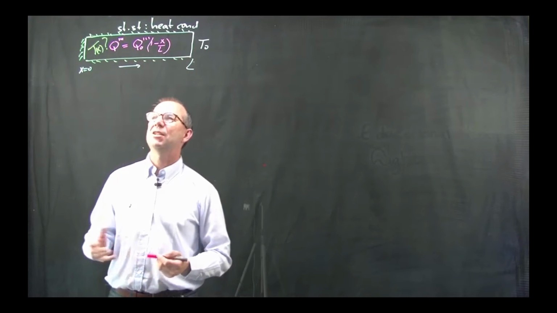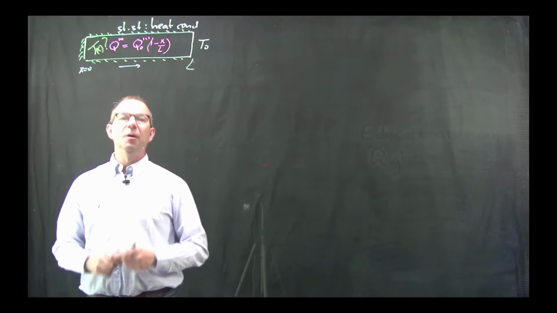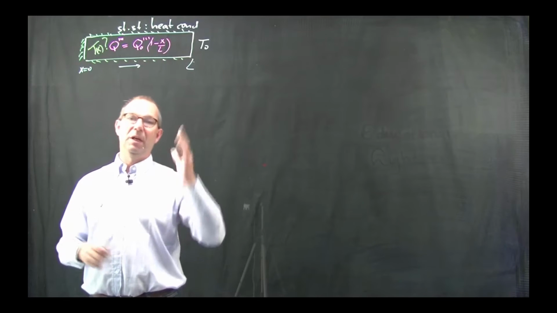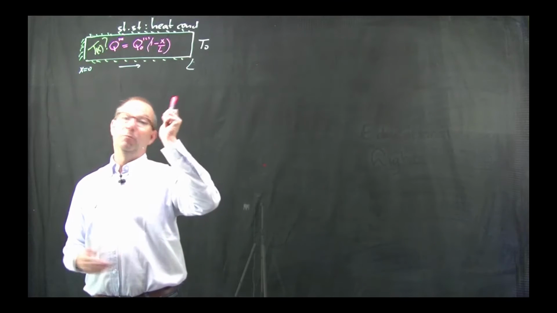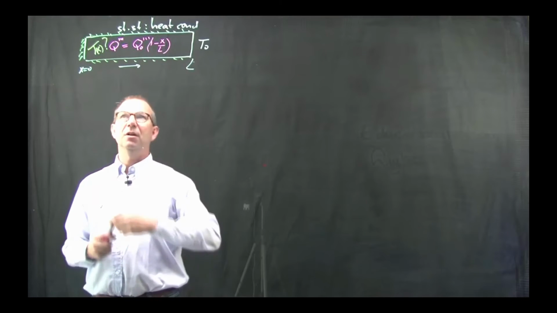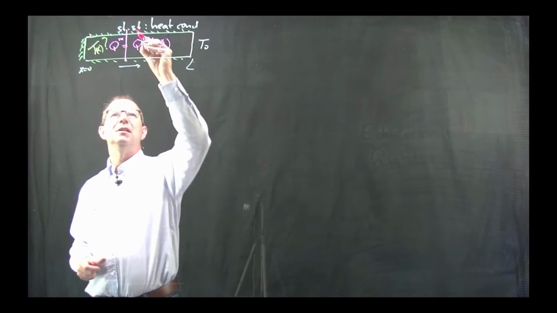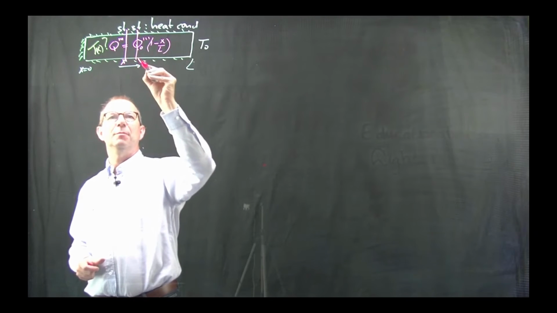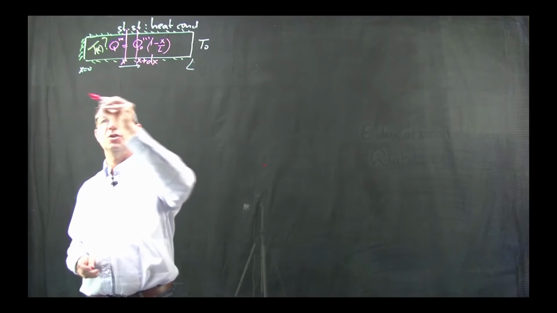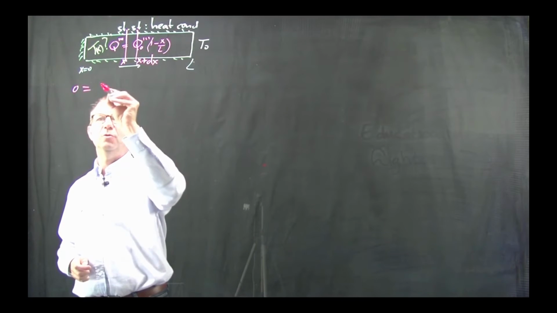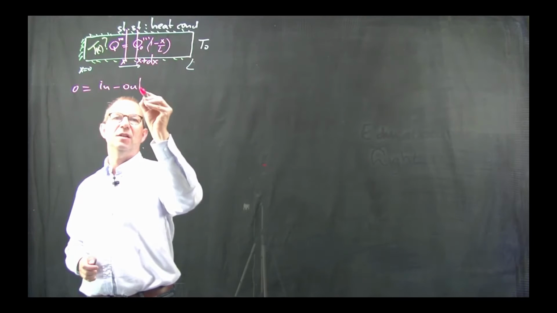Alright, let's see what we need to do. We need to set up a balance, that's for sure. It's a heat balance. Also for sure, steady state heat conduction. If you want to find the profile, you better make use of the microbalances. So for this control volume, I'm going to evaluate steady state balancing.